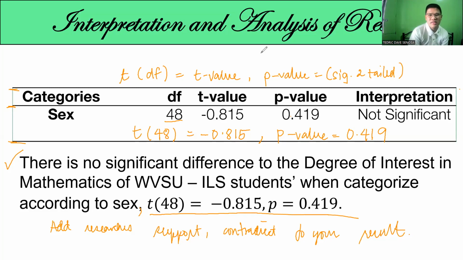Right? Males are more eager. That's just an example. If it supports your study, then go for it. If it contradicts, it's okay, as long as there is a ground to your research results. Because researches are made to counter, rebut, or support previous studies.